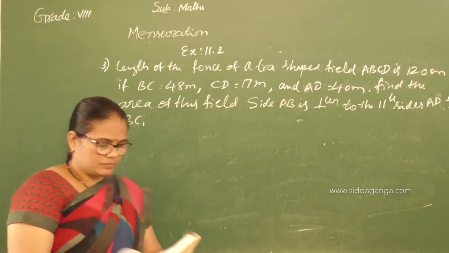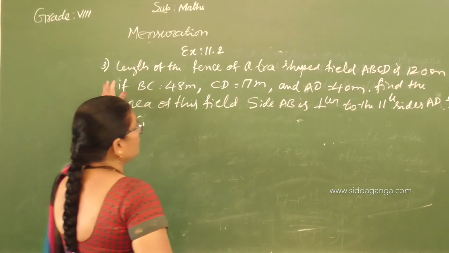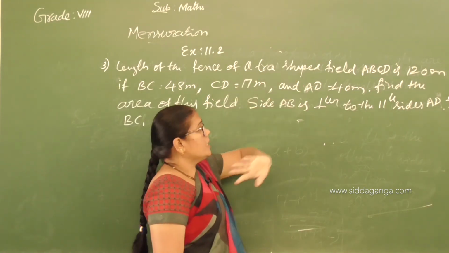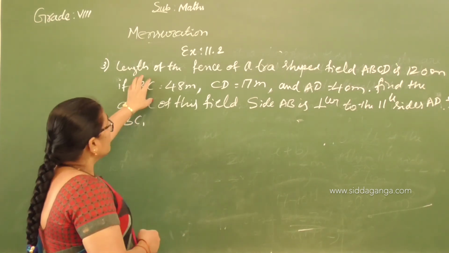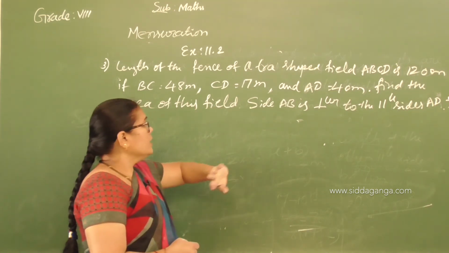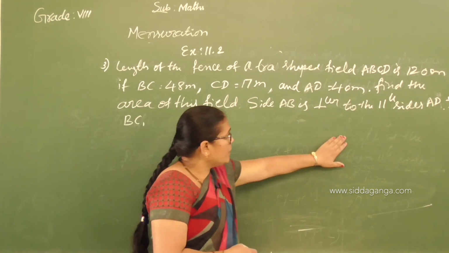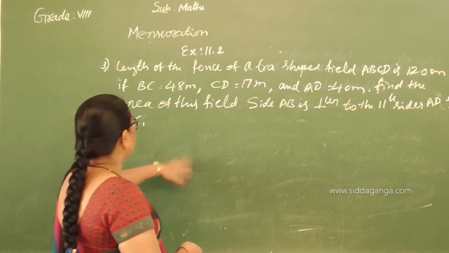Here, the length of the fence of a trapezium shaped field ABCD. Here perimeter is given. Some sides are also given. Find the area of this field. Side AB is perpendicular to the parallel sides AD and BC.